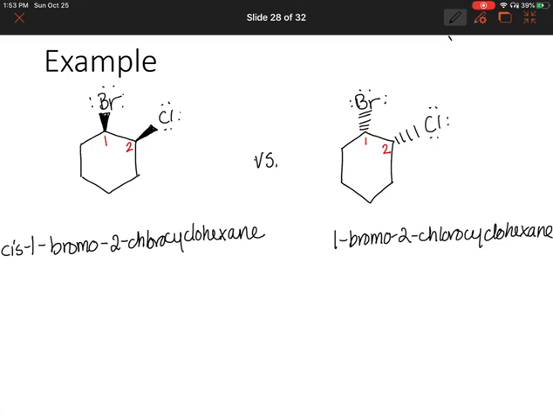So they're also both pointing in the same direction, right? So that would also be cis, which, okay, there's no way we can really tell these two apart. Are they identical molecules? So if you try to rotate the second molecule, does it match the first one?